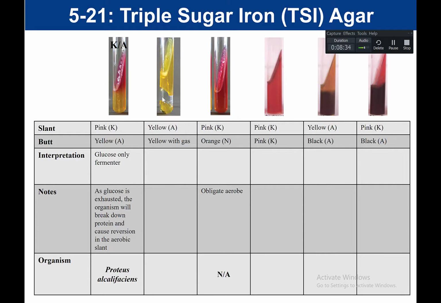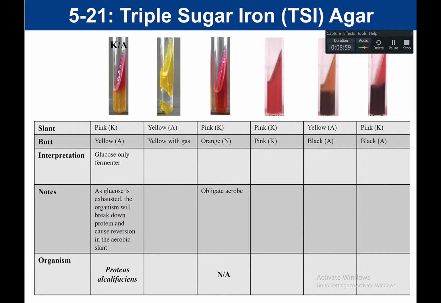Now, yellow would be A over A, right? The top is acidic, the bottom is acidic. So did the bacteria use glucose? Yes, because the butt is yellow. Did they use a disaccharide? Yes, because the slant stayed yellow, which means that the bacteria continued to produce acids, which means they use at least one disaccharide. It could be that they use both, but it could be that they only have one.